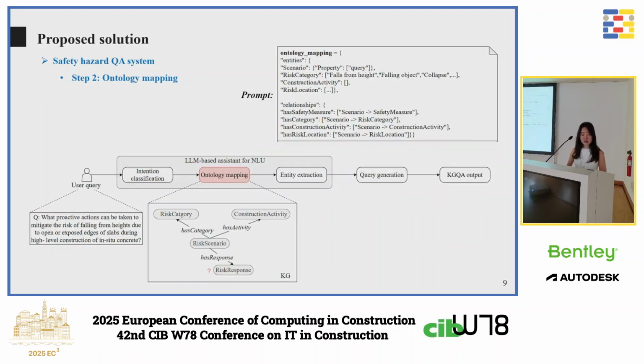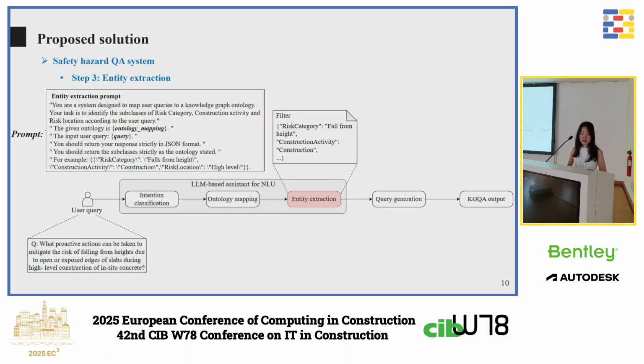The second step is ontology mapping, which retrieves the subgraph, the relevant part of the ontology, according to the intention. For safety measure generation, some relevant concepts could be the risk category, the construction activity, and the risk responses. So their classes and subclasses are retrieved for the next step.